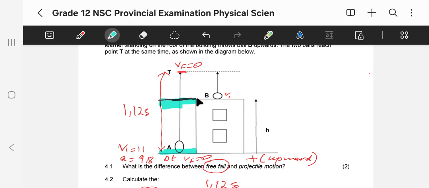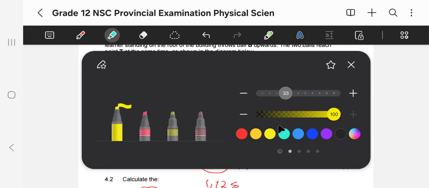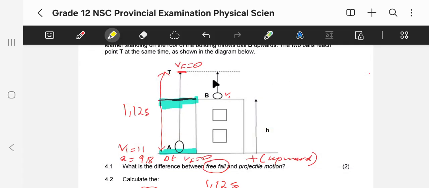So what we have to do is to find the time from here up until here, the difference between here and here. How are we going to find that difference? Because it's the one that will help us to know how long ball B traveled in the air.